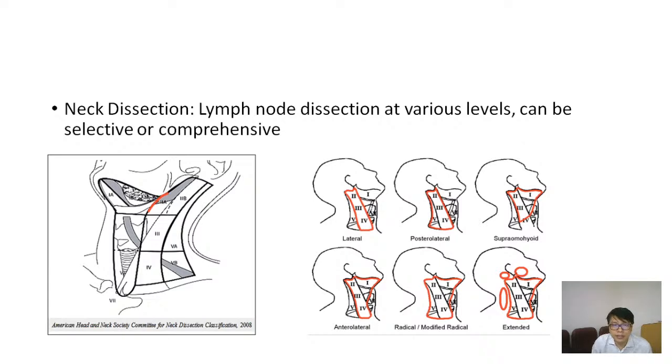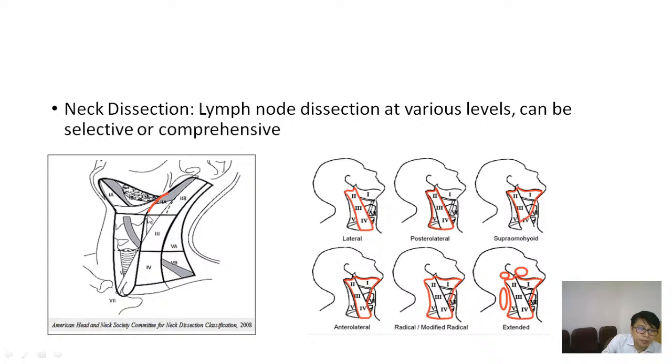One is neck dissection. There are different levels of neck dissection, as we know, starting from level 1 to level 7. Mainly in the neck what we see is up to level 6: 1A, 1B, submental, submandibular, then 2, 3, 4, depending upon the lower border, these are the anterior jugular chain.